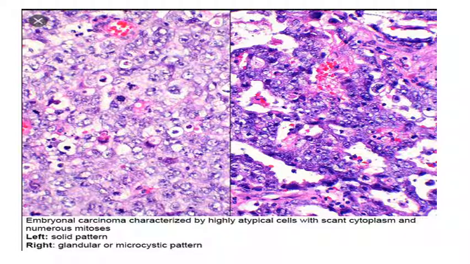In microscopy, embryonal carcinoma consists of highly atypical cells with scant amount of cytoplasm. There are numerous mitotic figures, and these cells are arranged either in solid pattern or glandular pattern or microcystic pattern.